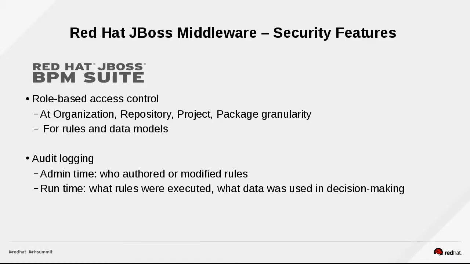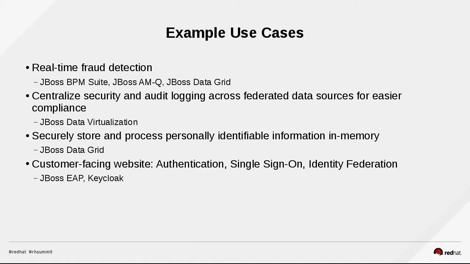Some applications that these features can be used for: real-time fraud detection. It's an architecture where if you want to detect credit card fraud in real time, you can use BPM Suite with AMQ and Data Grid together to form a solution for this. Like we discussed with JBoss Data Virtualization, centralizing the security of the data as well as the audit logging across multiple federated data sources.